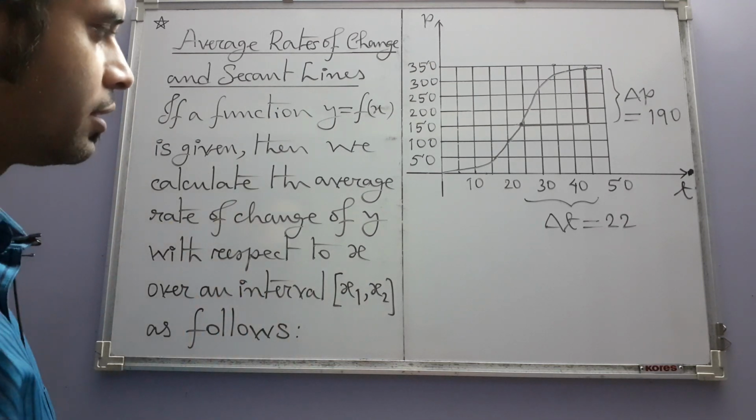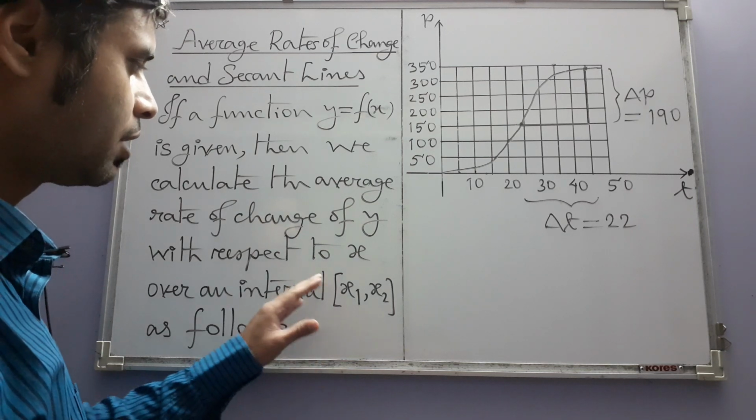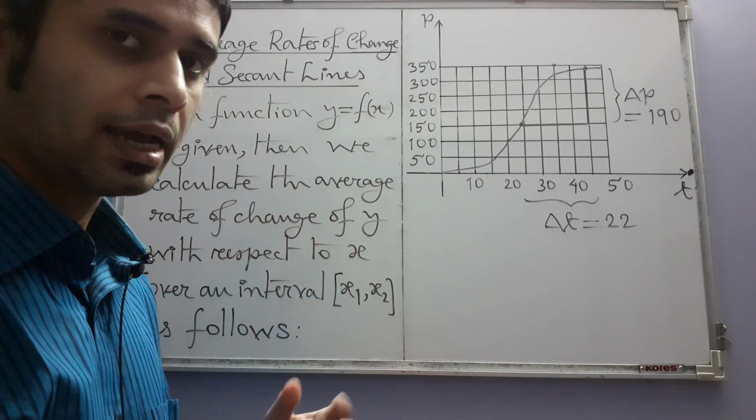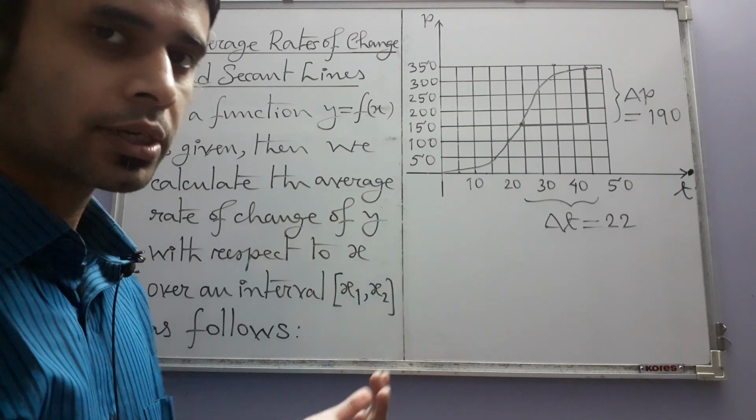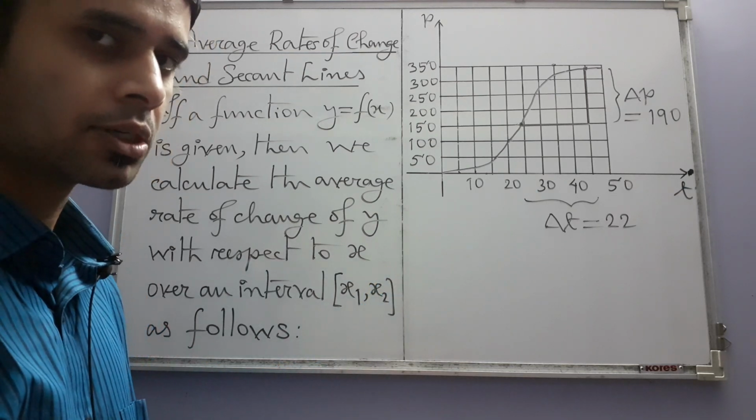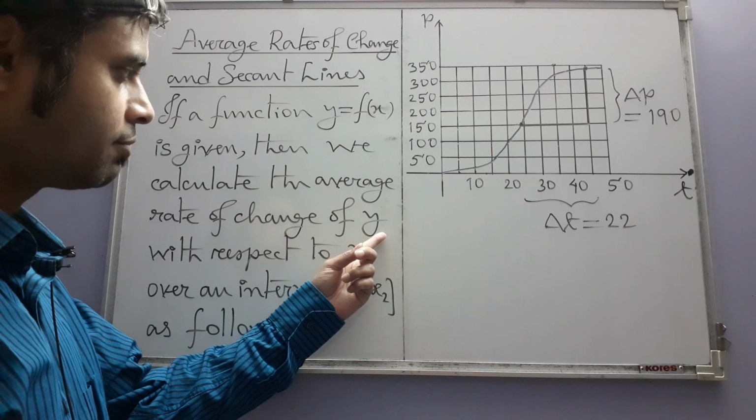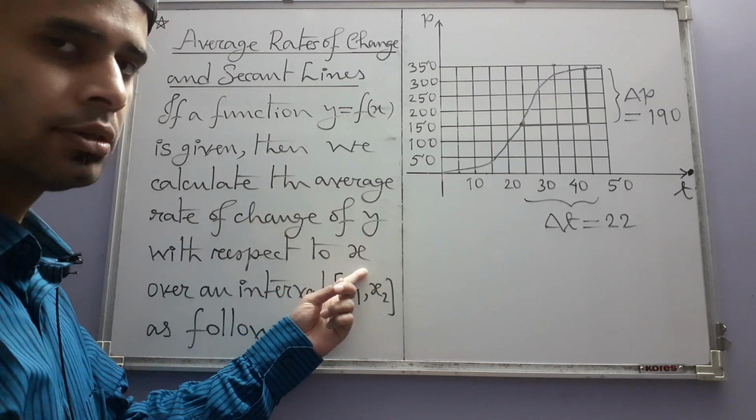In our average speed case, we were calculating the average rate of distance traveled with respect to time. In this case, we have general y which depends on x.